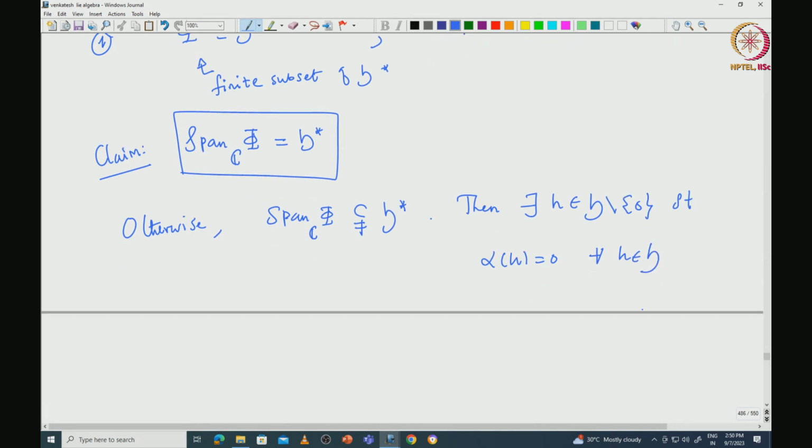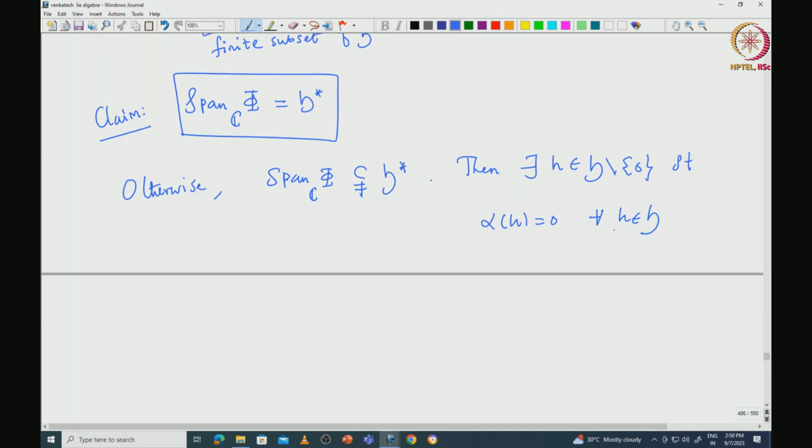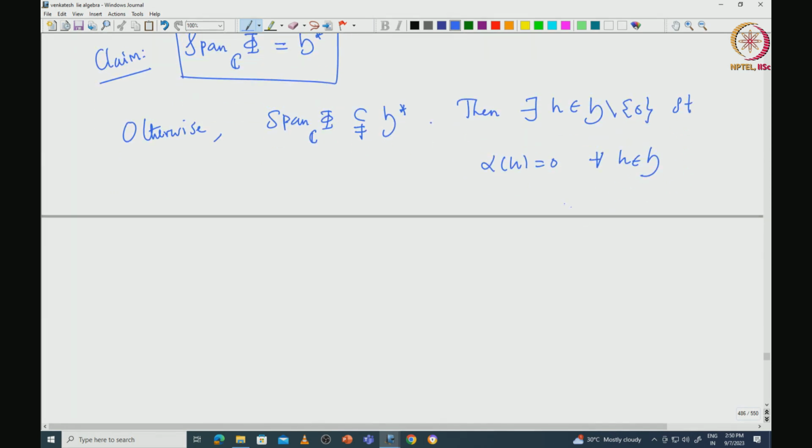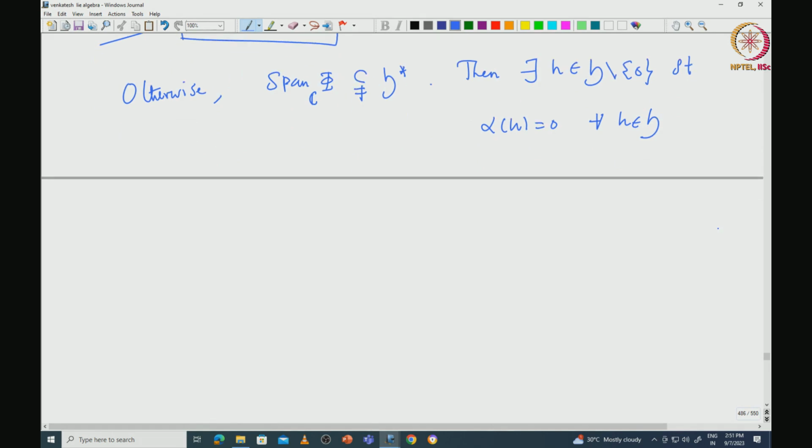One can get this by looking at the dual of span phi inside H. Then we can simply calculate how this h will act on G.